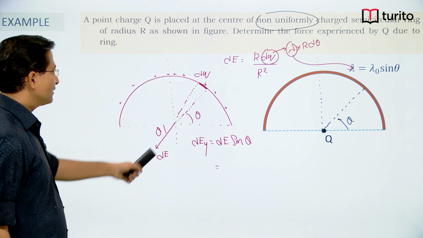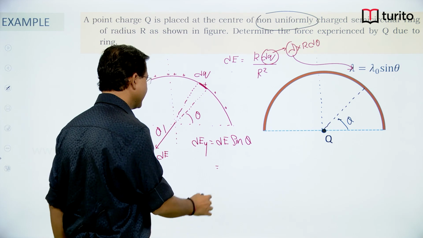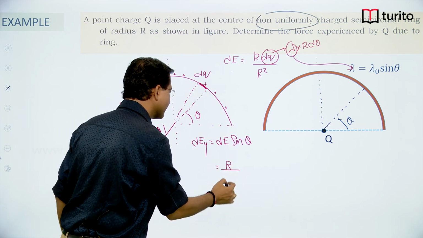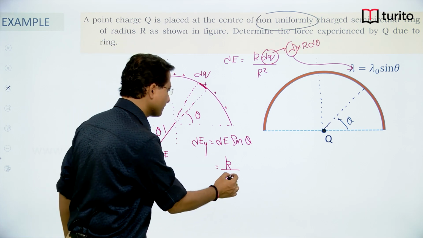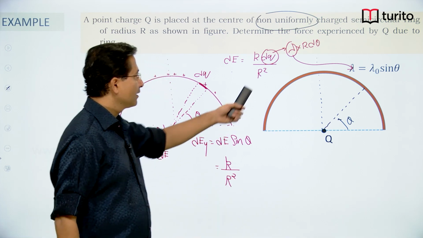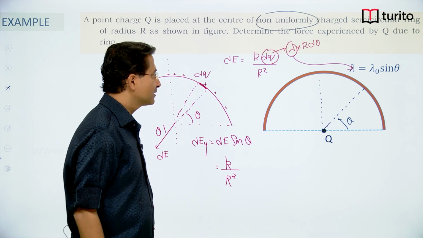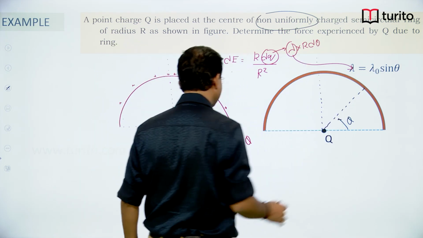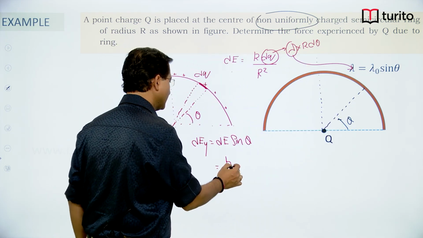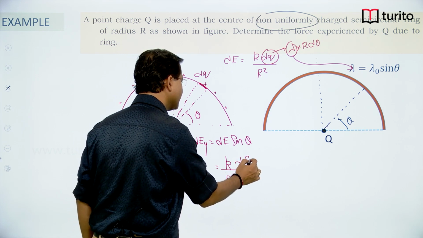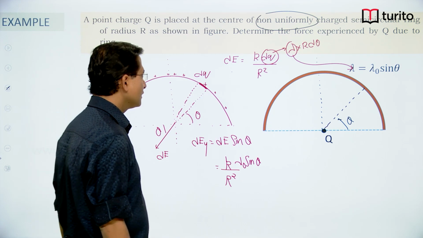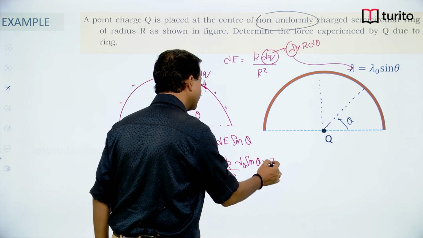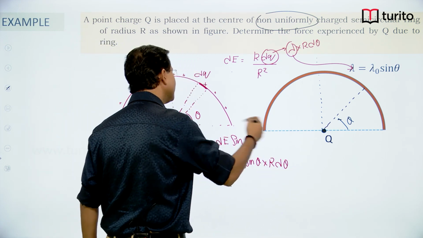So if I simplify the whole thing, I will get k divided by r square into lambda r d theta, where lambda is equal to lambda naught sin theta, into this sin theta.